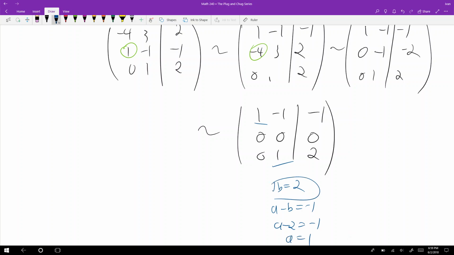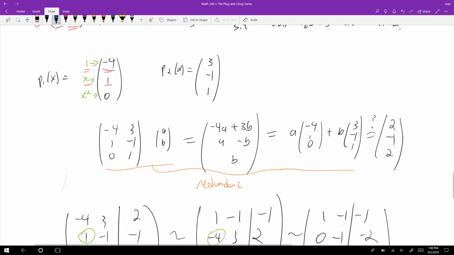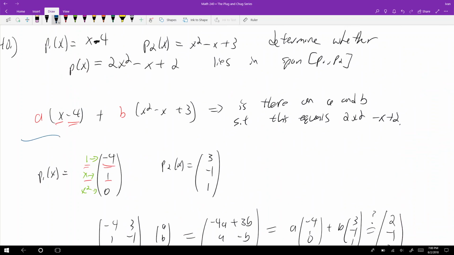So b equal to 2 and a equal to 1 satisfies this equation right here, and that means that this polynomial lies in the span.